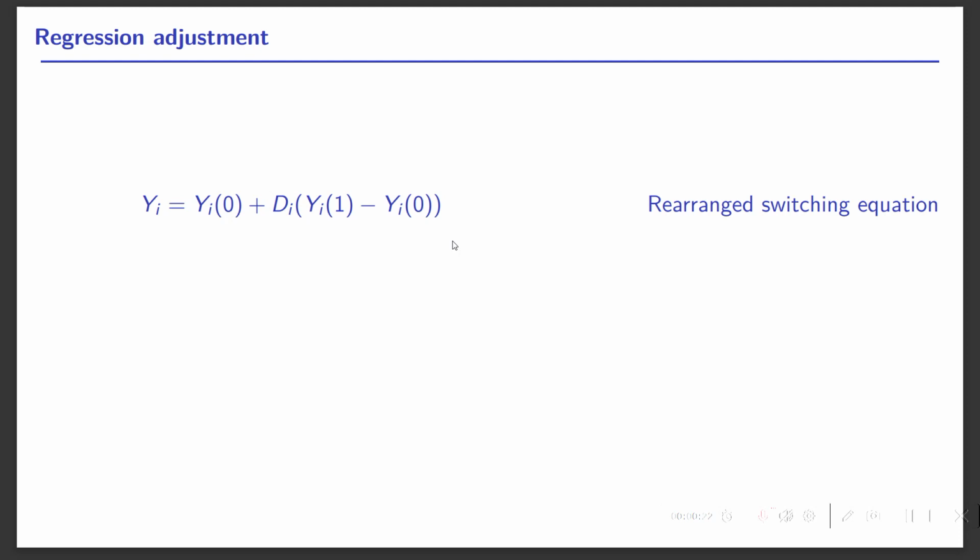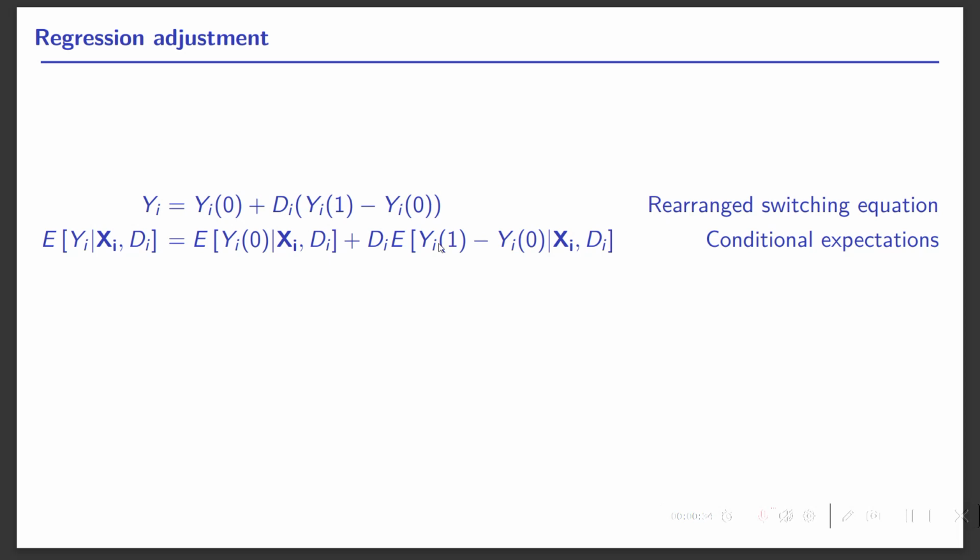As a next step, we take the conditional expectations on both sides. So now we've got the conditional expectation, conditional on covariates xi and treatment di. Now, if we apply this conditional expectation to the right-hand side as well, we end up with this.